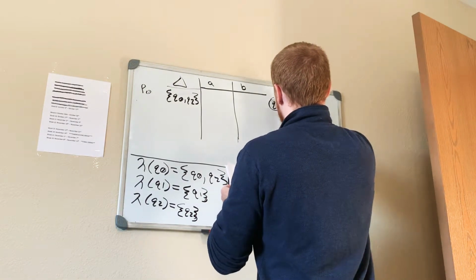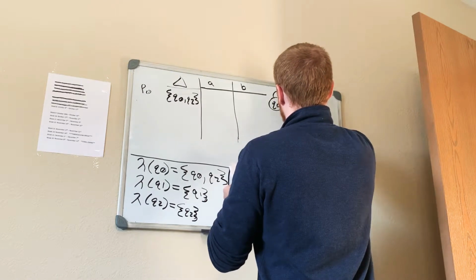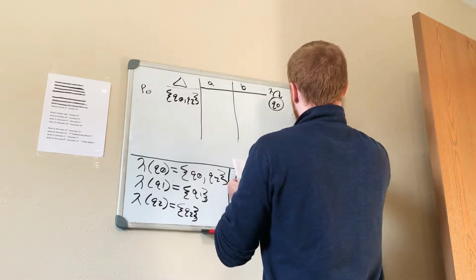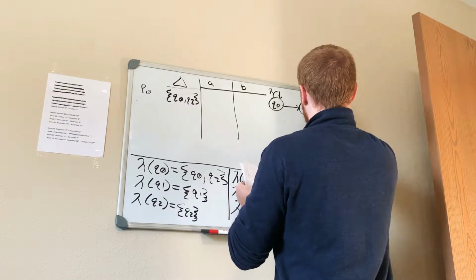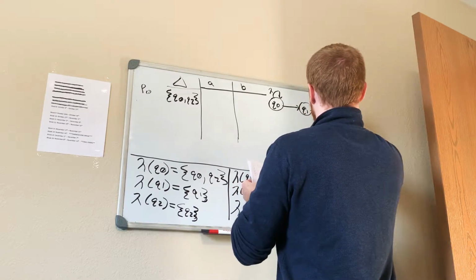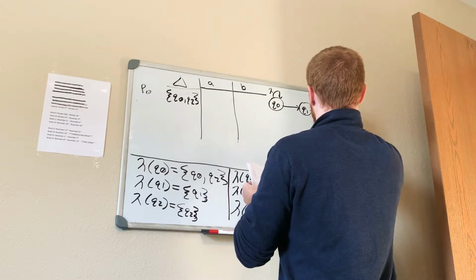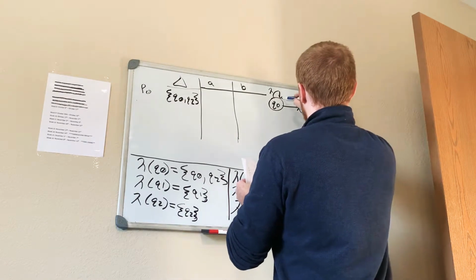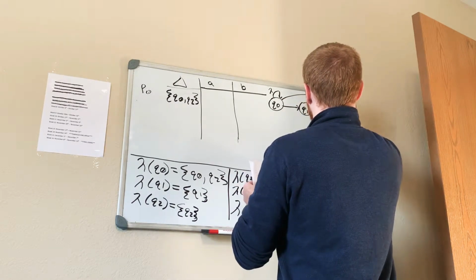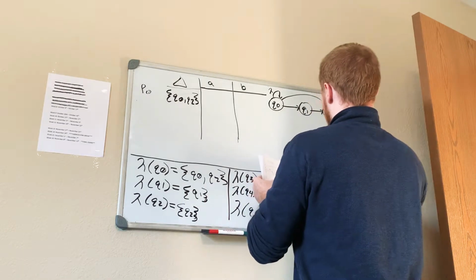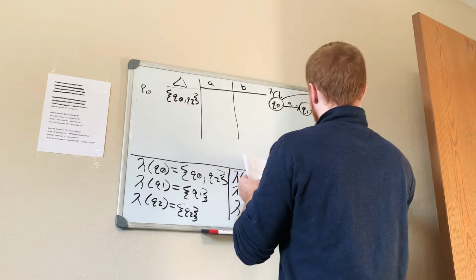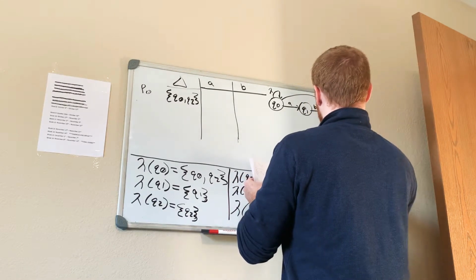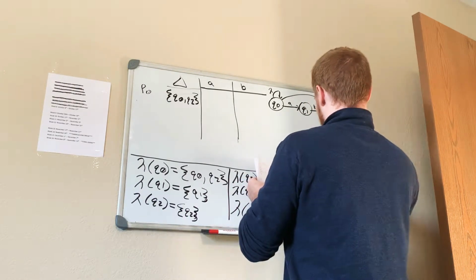Q0, lambda, Q1, Q2, lambda transition. That uses B, that uses A. This uses A for transition.